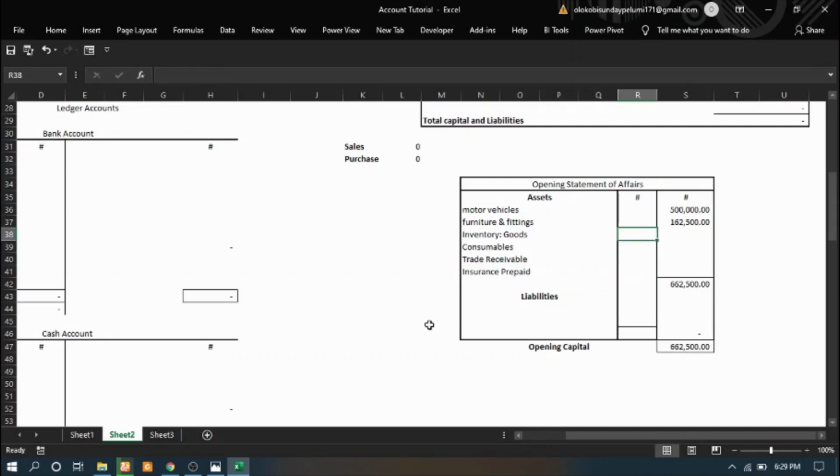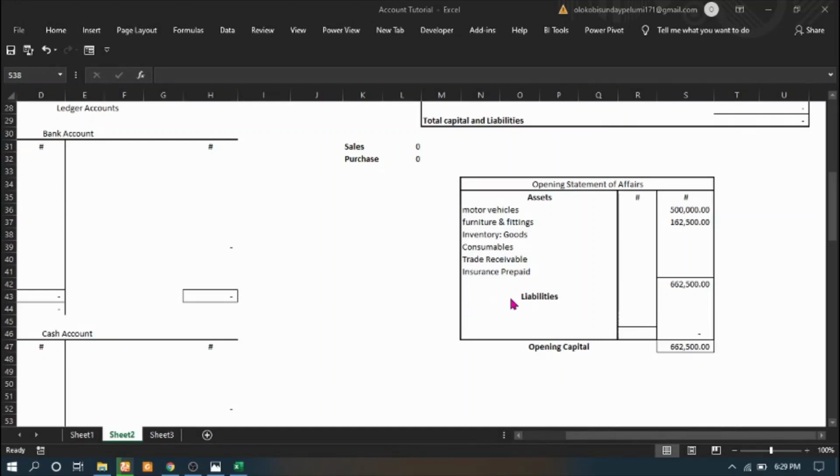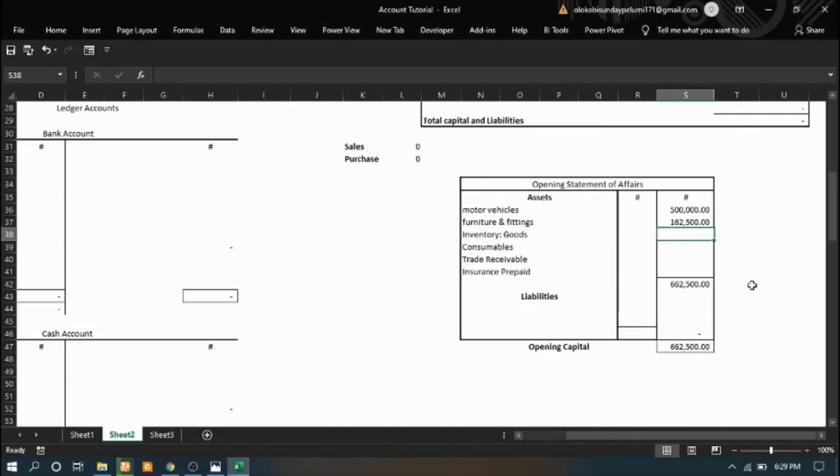Alright, so the inventory is 337,500 and 37,500. That's good. So we have trade receivable.